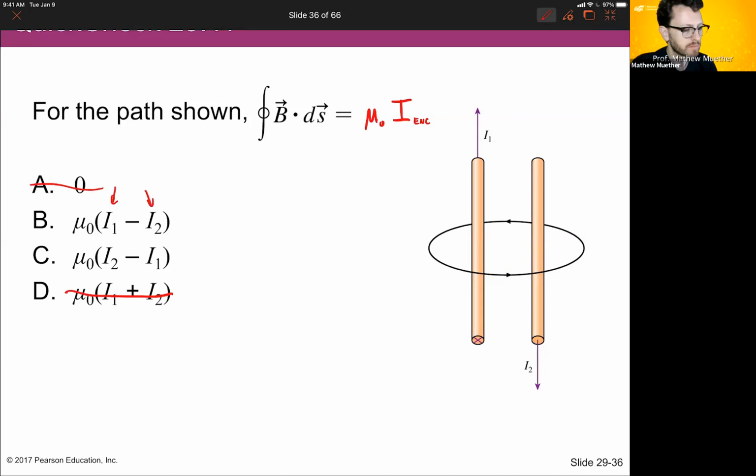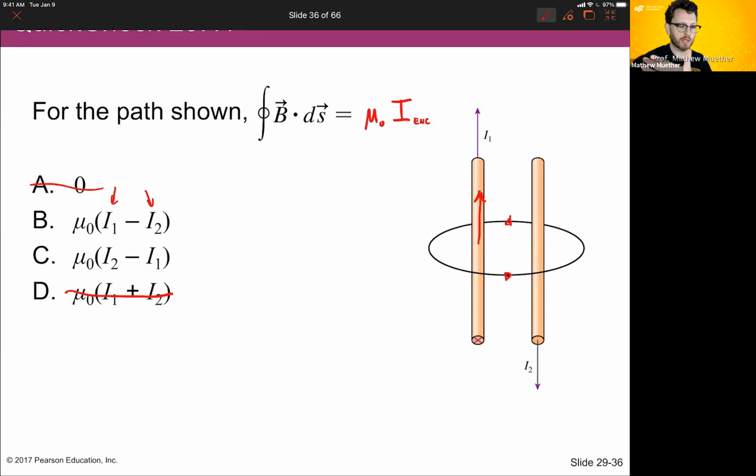Does anybody have an idea? Its magnetic field is in the opposite direction of the loop. Yeah, so look, the loop has a directionality. Let's look at I1. I can use my right-hand rule.